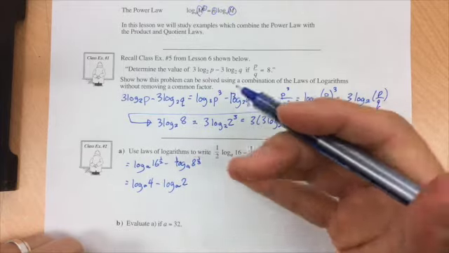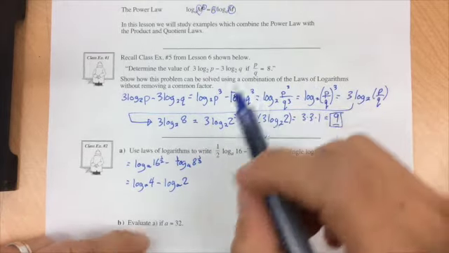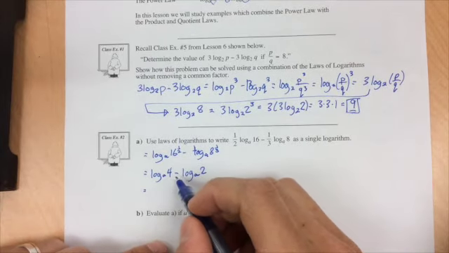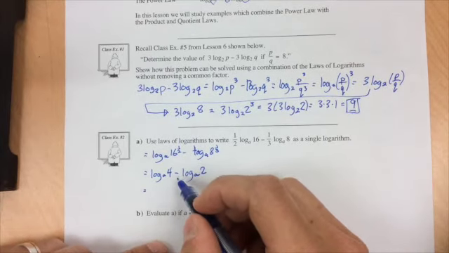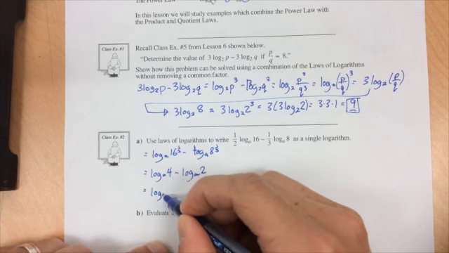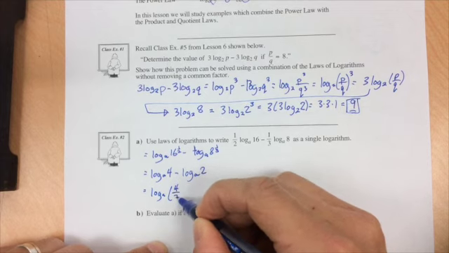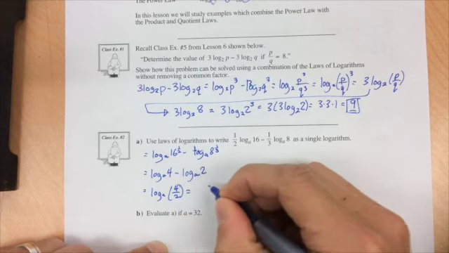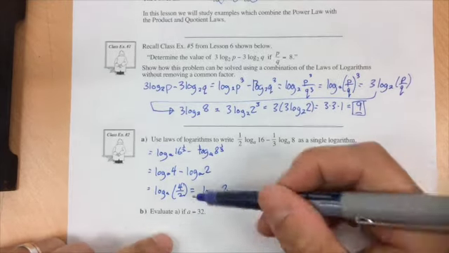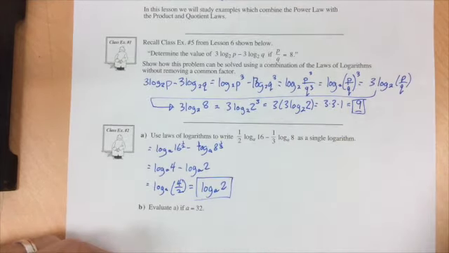And all I'm doing is simplifying it and making it numbers that are more manageable to work with. Now I can use my quotient law because I have my subtraction sign here. So this is going to become log a 4 divided by 2, or simply log a 2. And this would be my final answer.